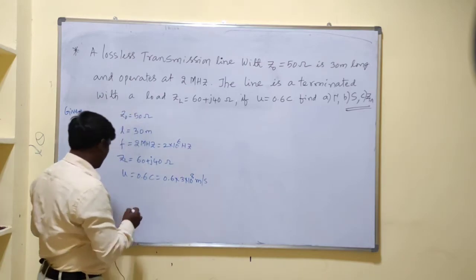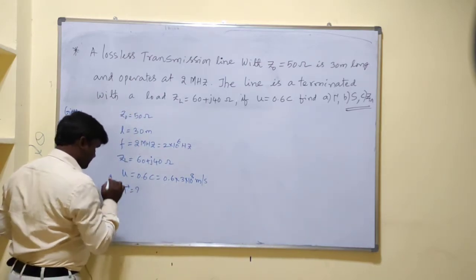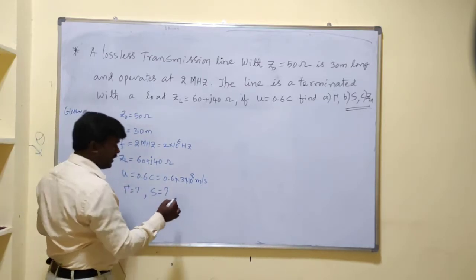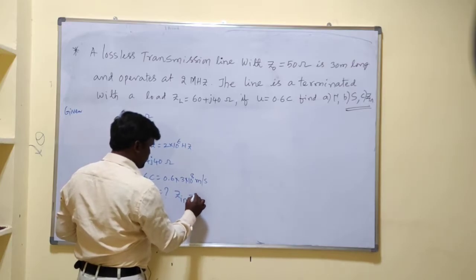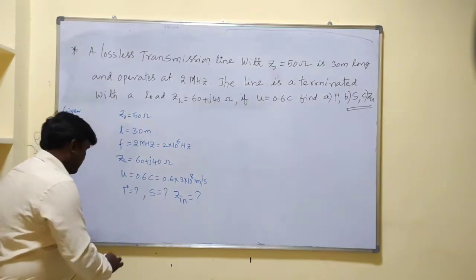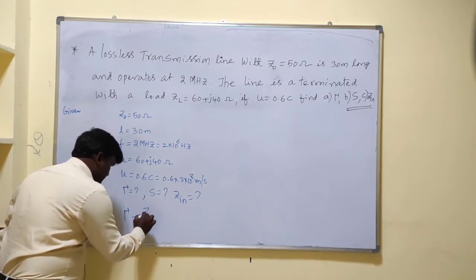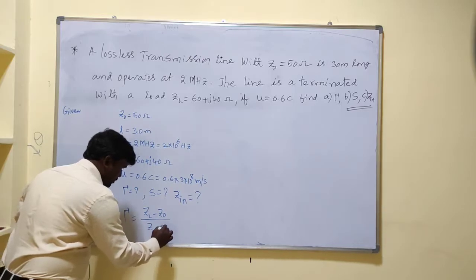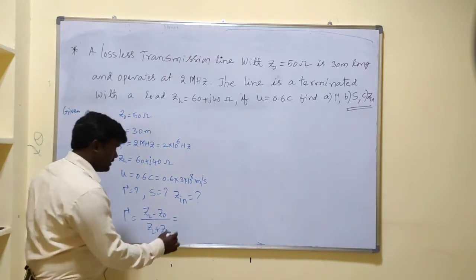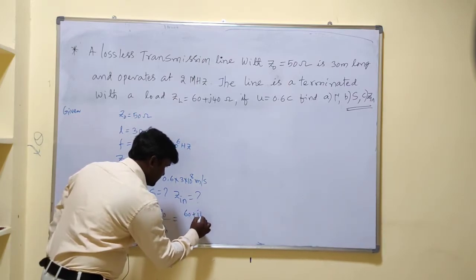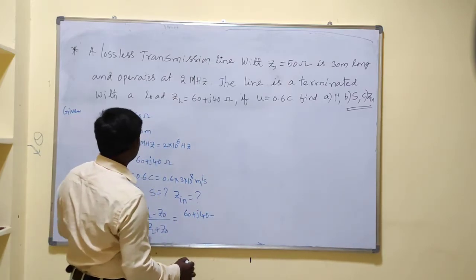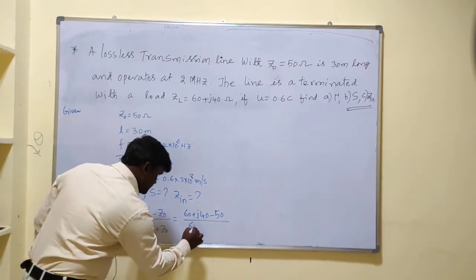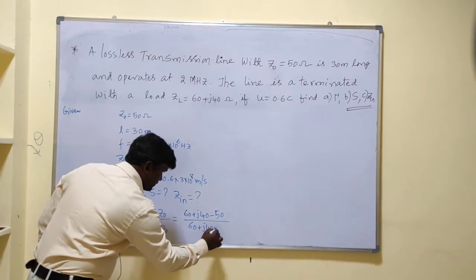Find gamma, the standing wave ratio S, and after that Zin, the input impedance of the line. First of all, we can find gamma like this: gamma equals ZL minus Z0 by ZL plus Z0. It is a complex quantity. ZL is given as 60 plus j40 minus Z0, where Z0 is 50, divided by 60 plus j40 plus 50.